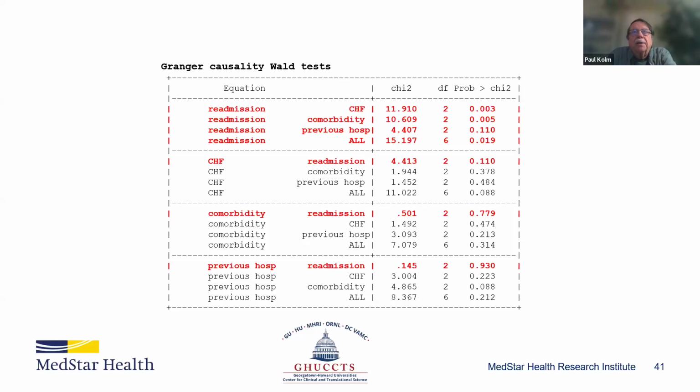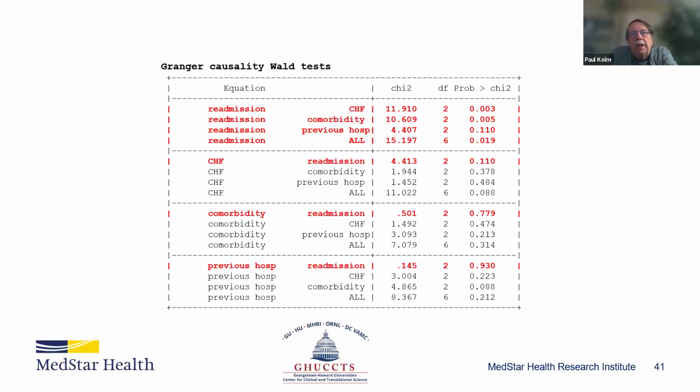And so we can see that congestive heart failure and comorbidity just by themselves are statistically significant. Previous hospitalization is not, but if we put all three of them in the same equation, then it is statistically significant. So we have at least our cause here being correctly related to the outcome. Then we also want to test, well, is, for example, congestive heart failure a function of readmission?